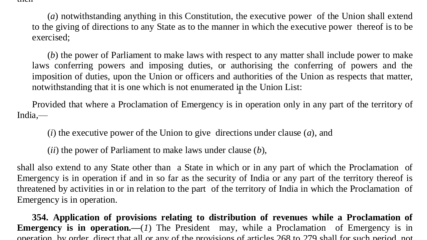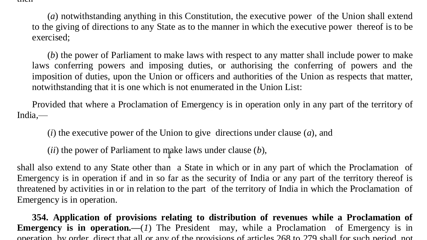enumerated in the Union list, provided that where a proclamation of emergency is in operation only in any part of the territory of India, 1. The executive power of the Union to give direction under clause A, and 2.